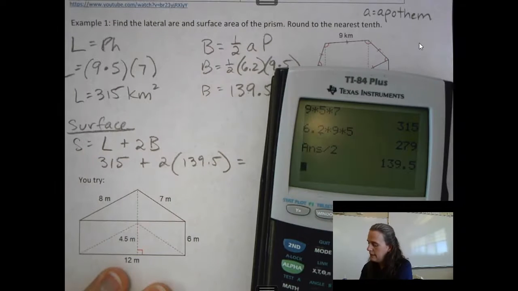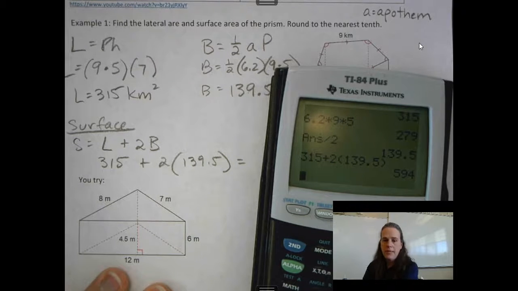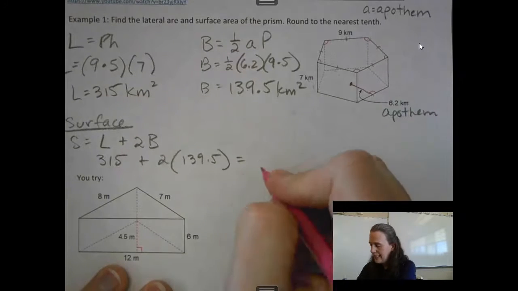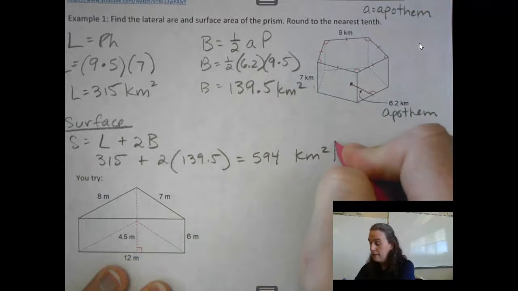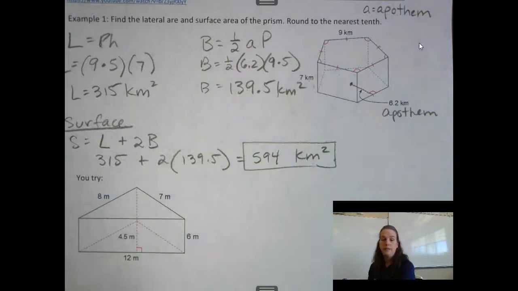Okay, calculator: 315 plus 2 times 139.5. Check and make sure you can get 594 kilometers squared for the entire outside area, the whole surface put together.